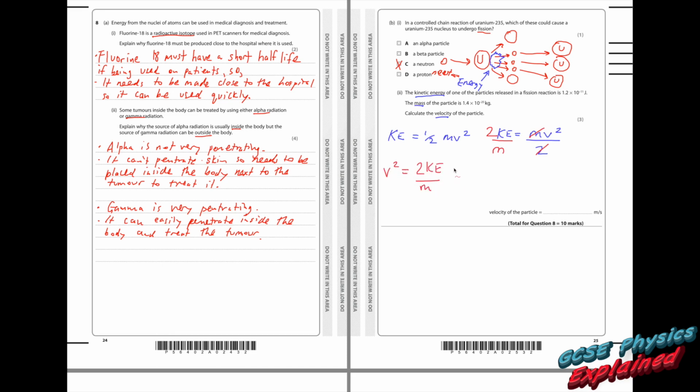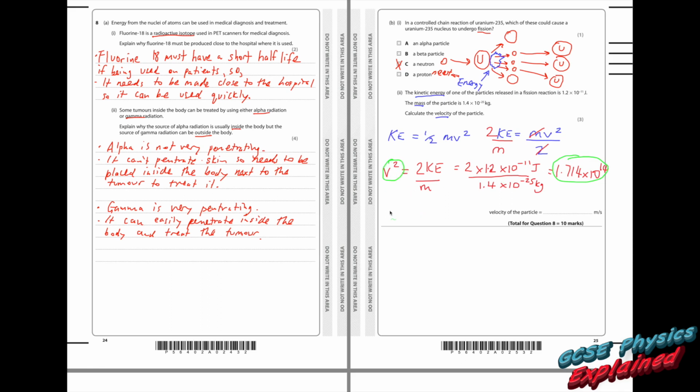Now if I pop the numbers in, that equals 1.714 times 10 to the 14. Now remember, that is not v, that is v squared.